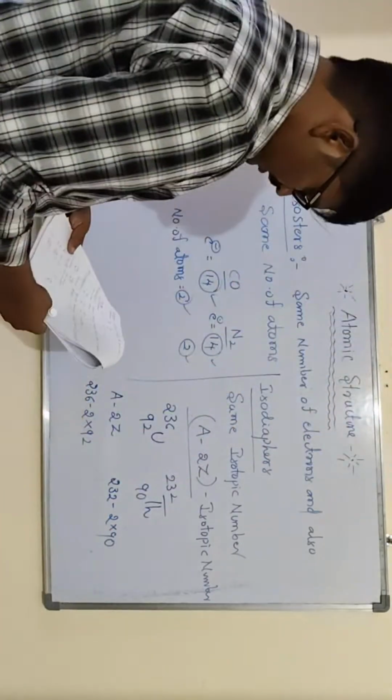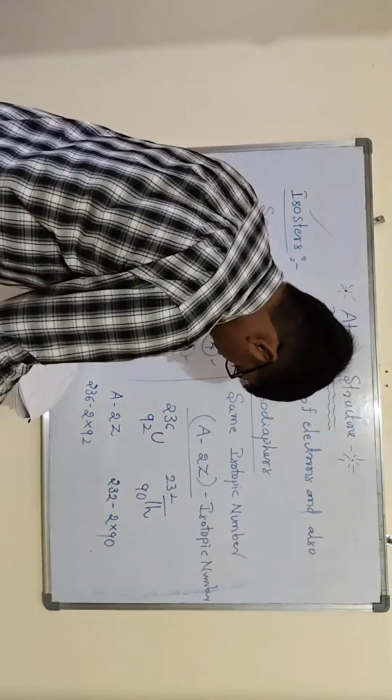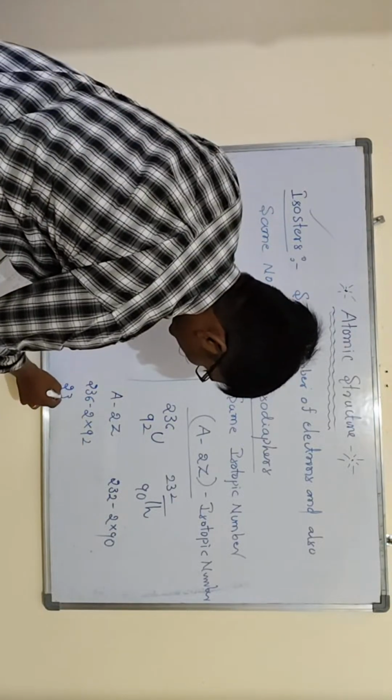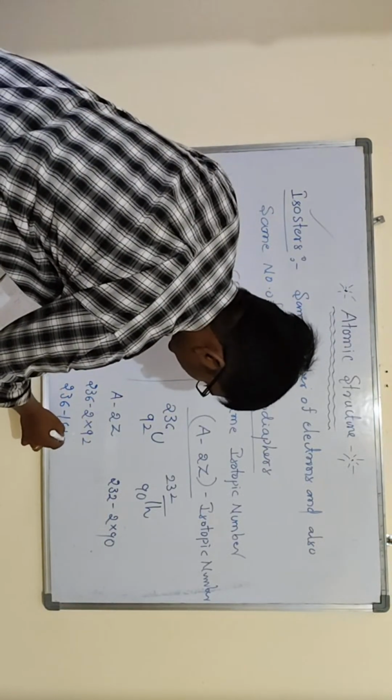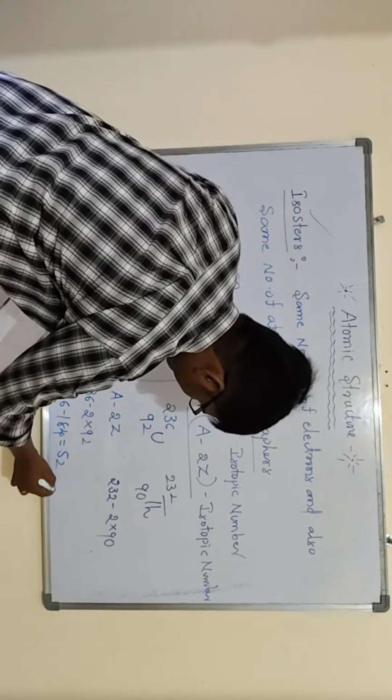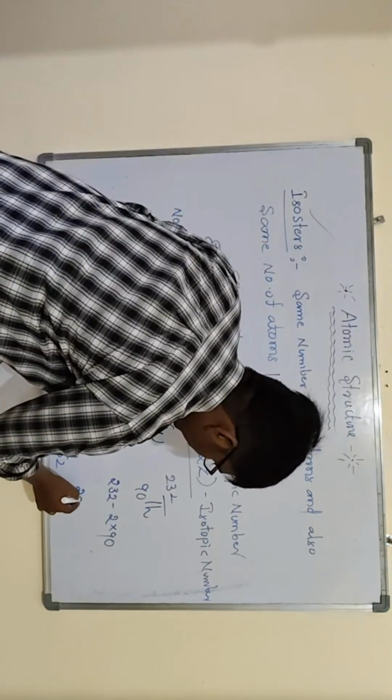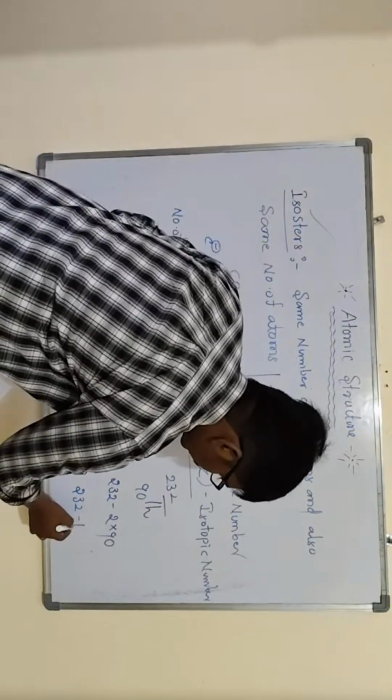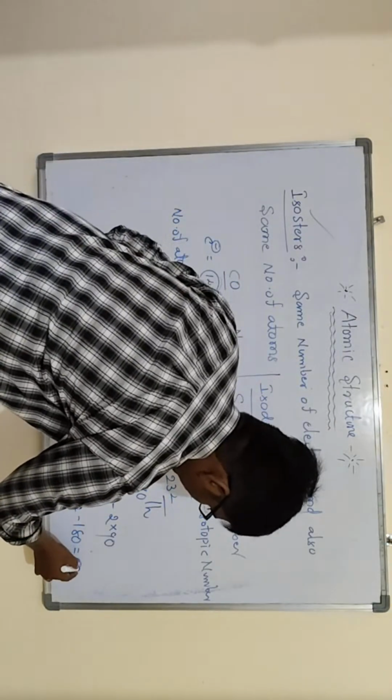Then you get 236 minus 184, which is 52. Even here 232 minus 180, you get 52.